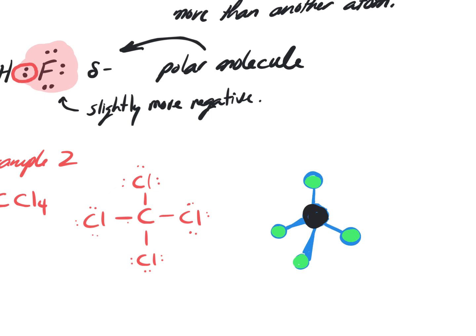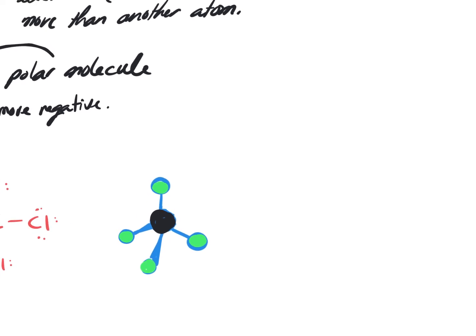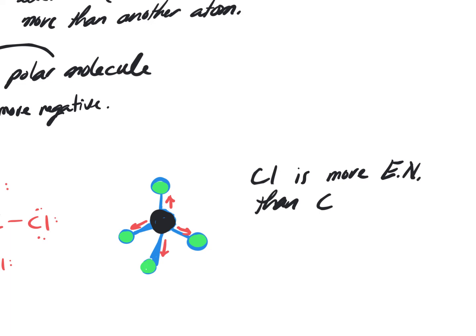Now, if you look at the periodic table, I think you will see that chlorine is more electronegative than carbon. So imagine this. We've got electrons being pulled toward that chlorine, that chlorine, that chlorine, and that chlorine.